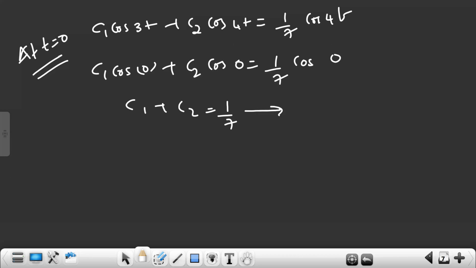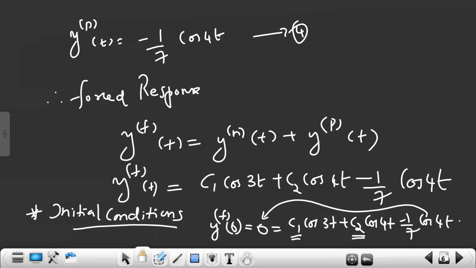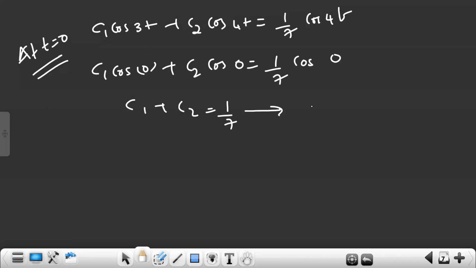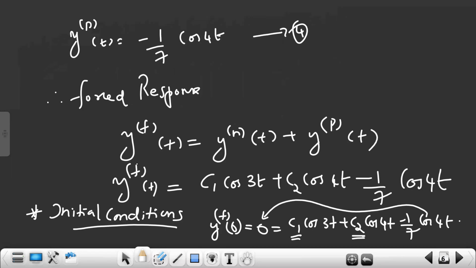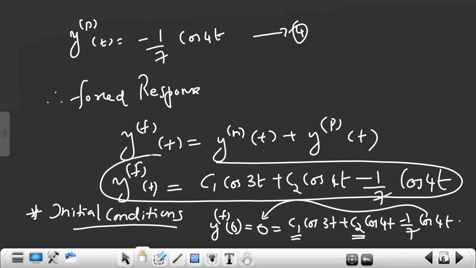Equation number 5. So from this we will not be able to calculate C1 and C2. I repeat, from the previous equation we got the forced response, but in this equation C1 and C2 are not known to you.